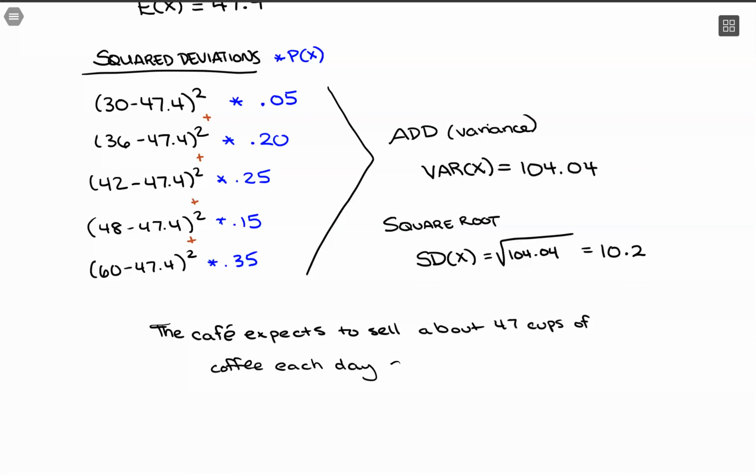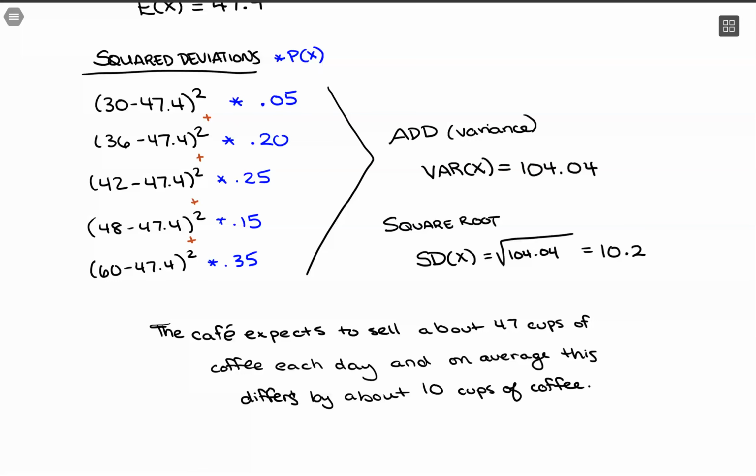And on average, this differs by about 10 cups of coffee. So then we get more of an idea of the variability of our data. And so with our expected value, we can get an idea of where we expect to land, but then we can understand how that number could change on average.